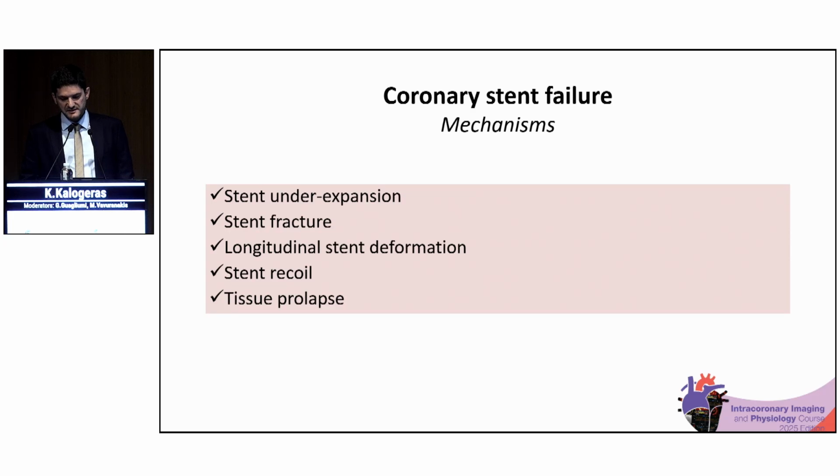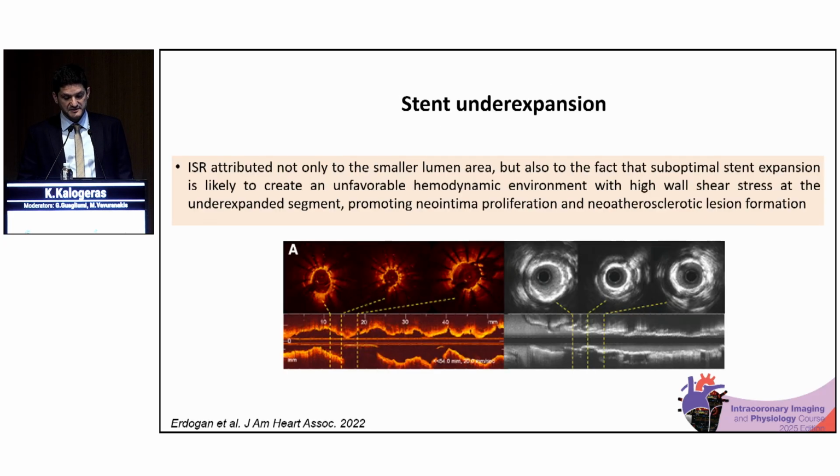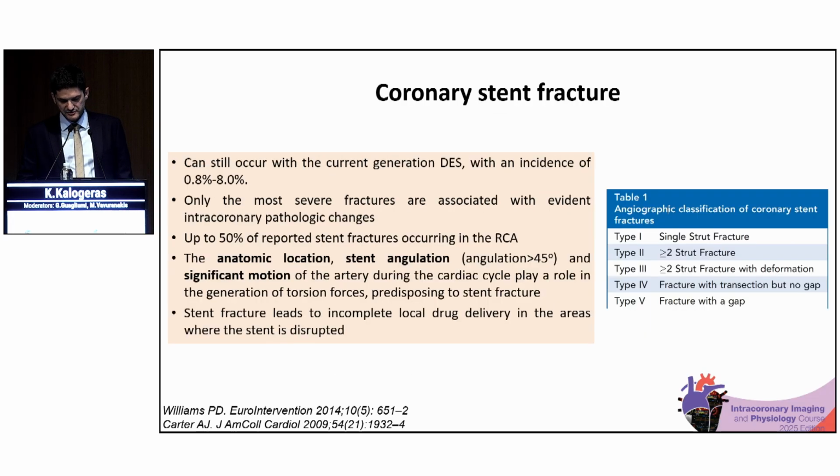Let's see a few things about the mechanisms of stent failure. Stent underexpansion is actually the most common. The stenosis caused is attributed not only to the smaller lumen area, but also to the fact that the suboptimal expansion of the stent creates an unfavorable hemodynamic environment with high wall shear stress, and this provokes neointima proliferation and neoatherosclerotic formation.